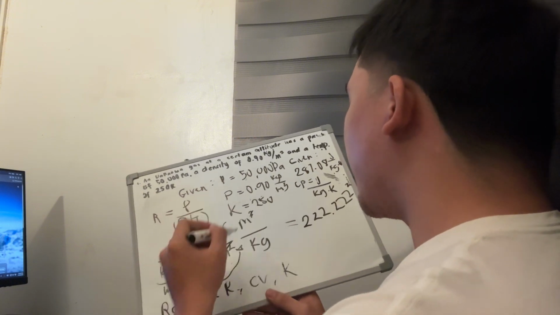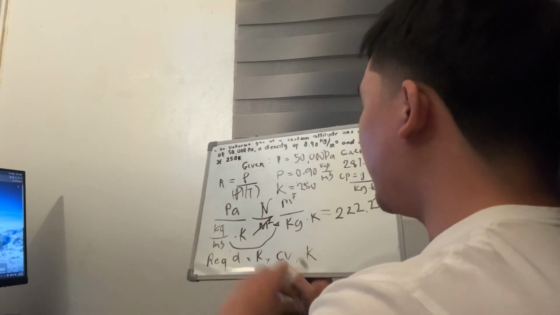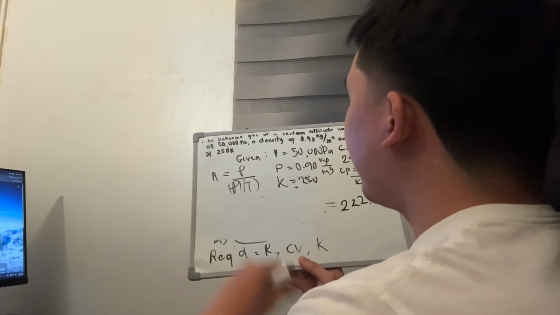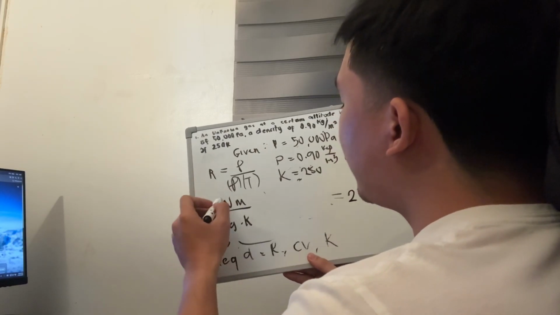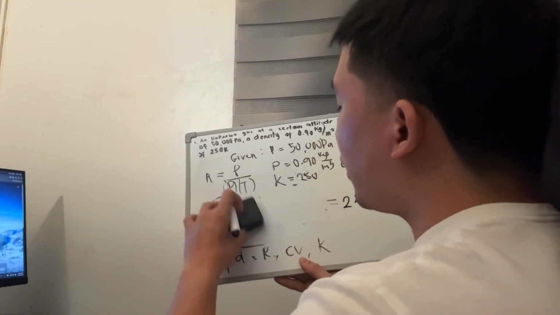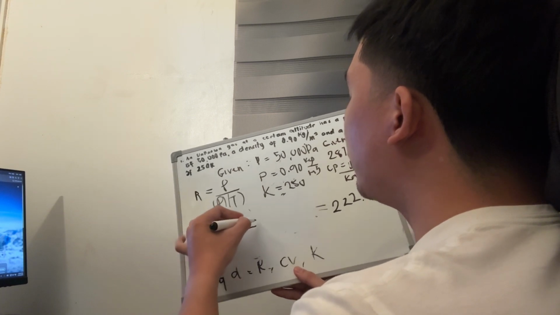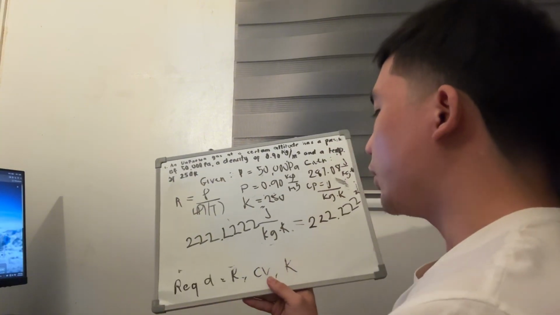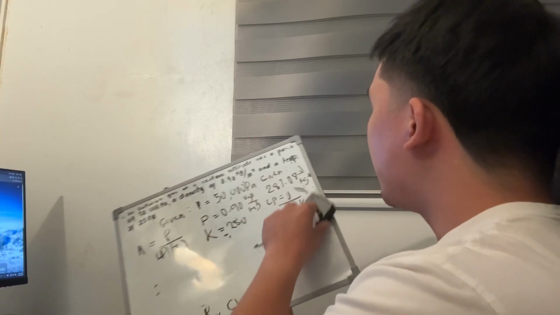Cancelling this out, we have N·m over kg·K, which we can express as joule. So for our final unit, the specific gas constant is 222.2222 J/kg/K. So we have our answer for the first required.